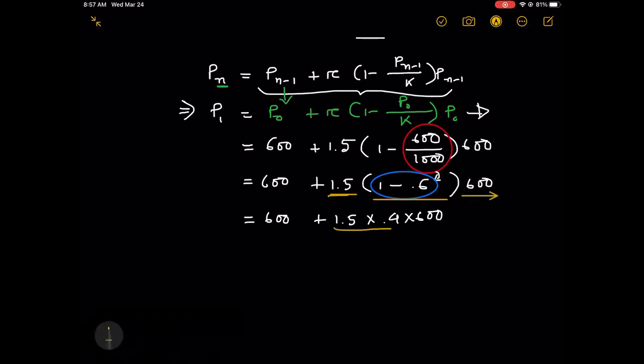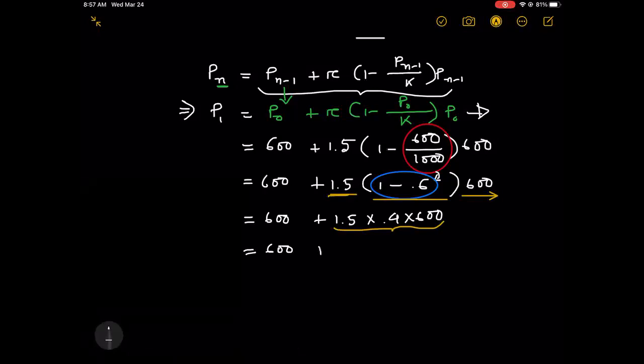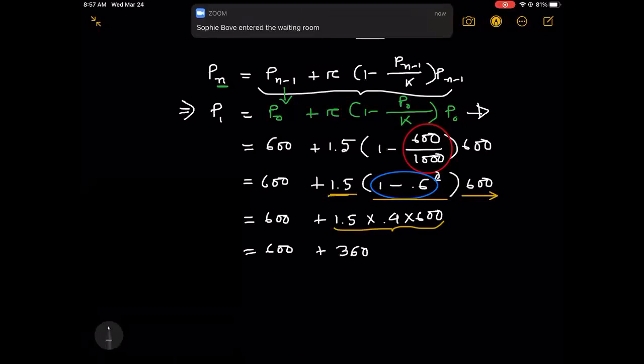So I've actually rewritten that. Now, what's this product in yellow? What's 1.5 times 0.4 times 600? 360. Again, if you have a different result, just let me know.